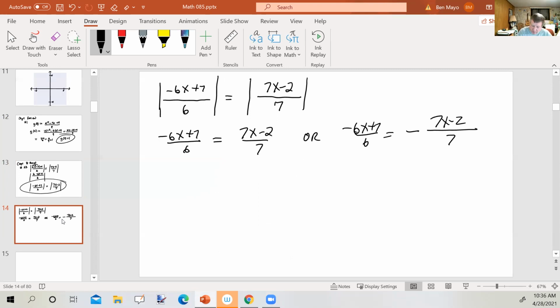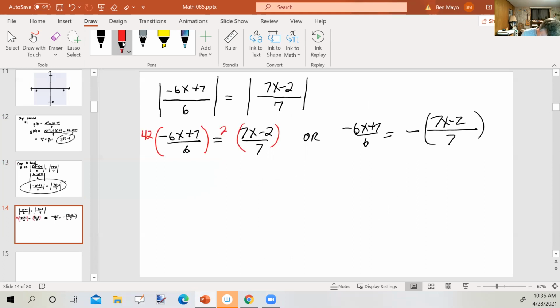Okay, here, let's do this. All right, so dealing with equation number 1, the one on the left, I'm going to clear the fractions by multiplying both sides by the least common denominator of 6 and 7, which would be 42.